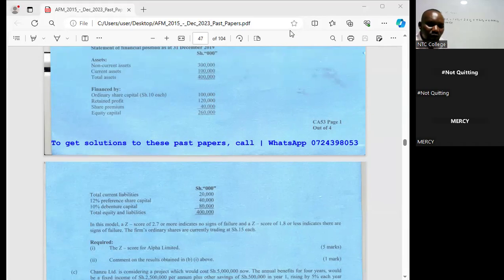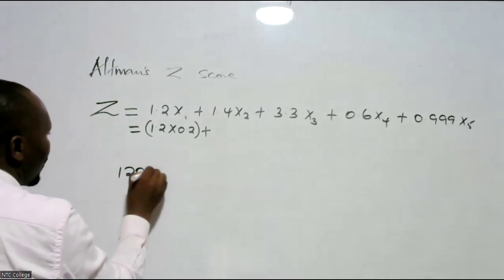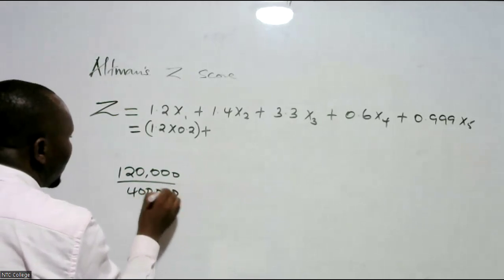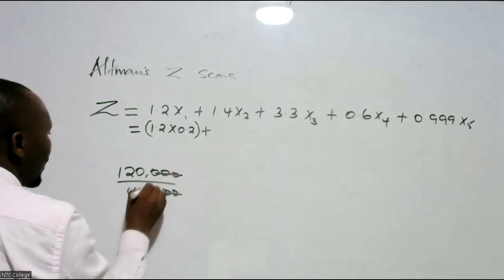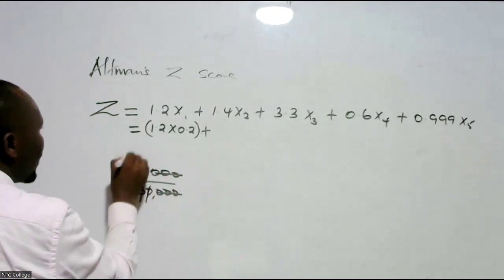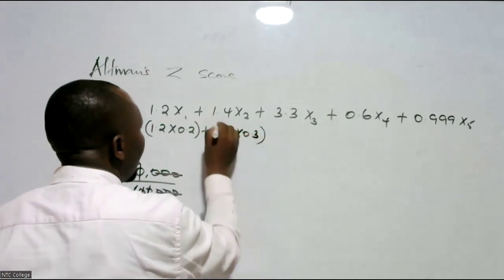So we have 120 over 400. Then we were told that this can be like this, so that we have 0.3. So we have 1.4 times 0.3.